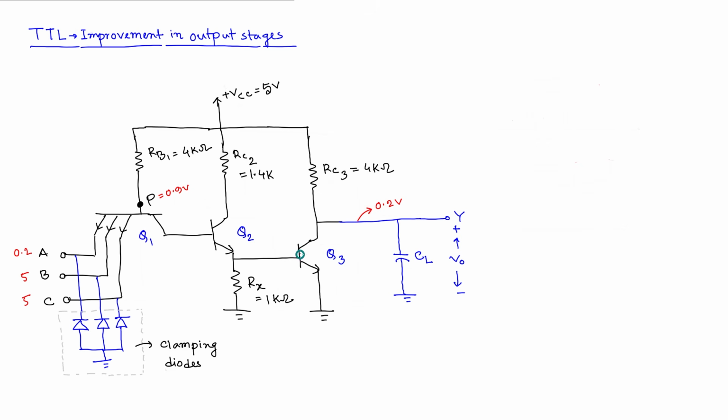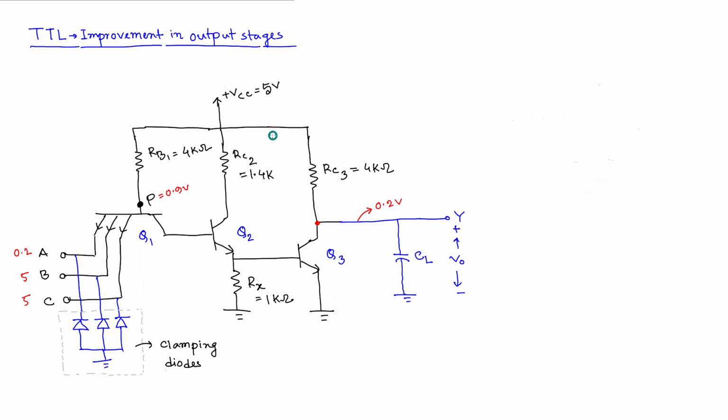Now if this circuit is open and also a capacitor is connected here, the voltage at the output should move to 5 volt instantaneously. But because we have this capacitor, and across a capacitor voltage cannot change abruptly, gradually it will move from 0.2 to 5 volt.